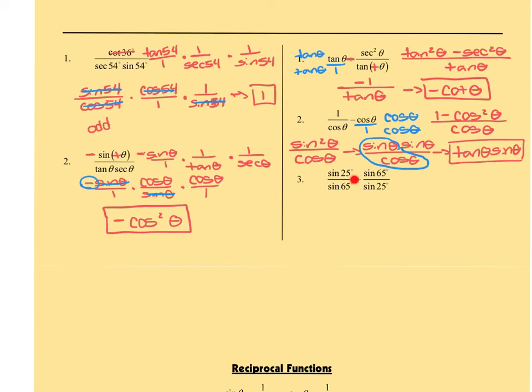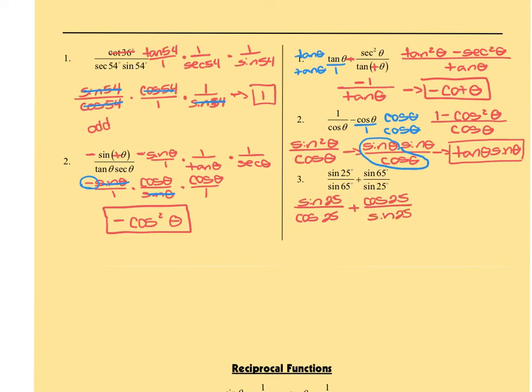I am going to choose to keep the 25 degrees and get rid of the 65. So my first one is going to stay sine 25, and then in the denominator, the 65 will become 25, the sine will become cosine. On the next one, the sine 65, just like we just saw, will become cosine 25, and this is over a sine 25.